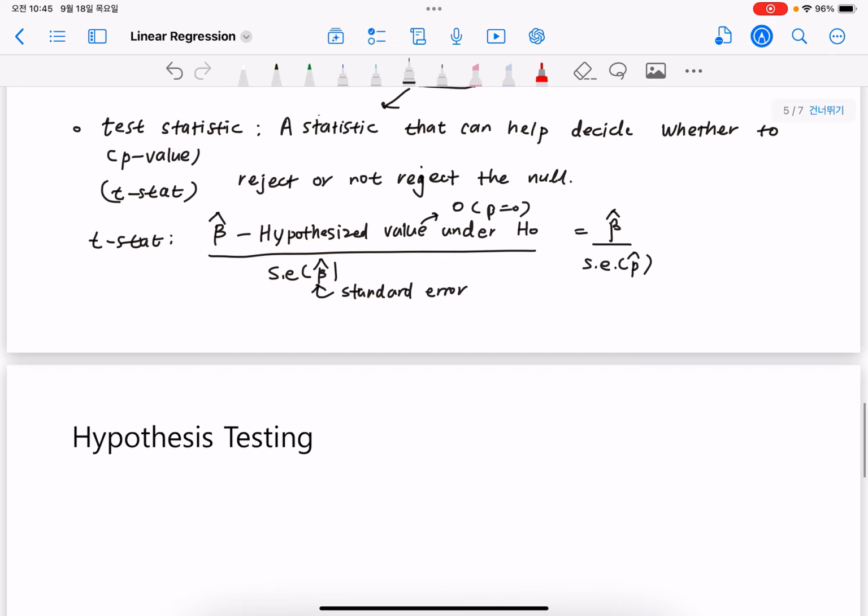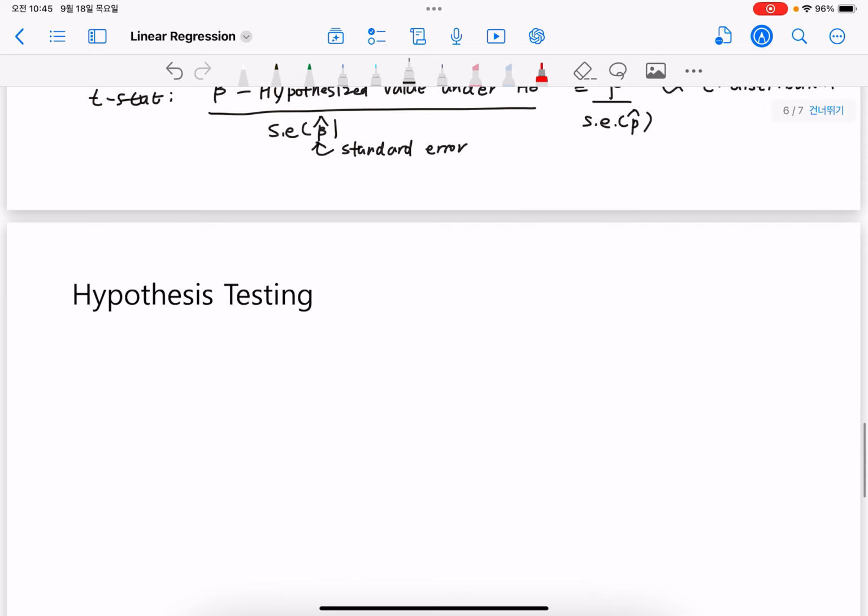Okay. And we assume that this follows what's called the t distribution. Well, you may have heard of the normal distribution, and the normal distribution is a bell curve, right?